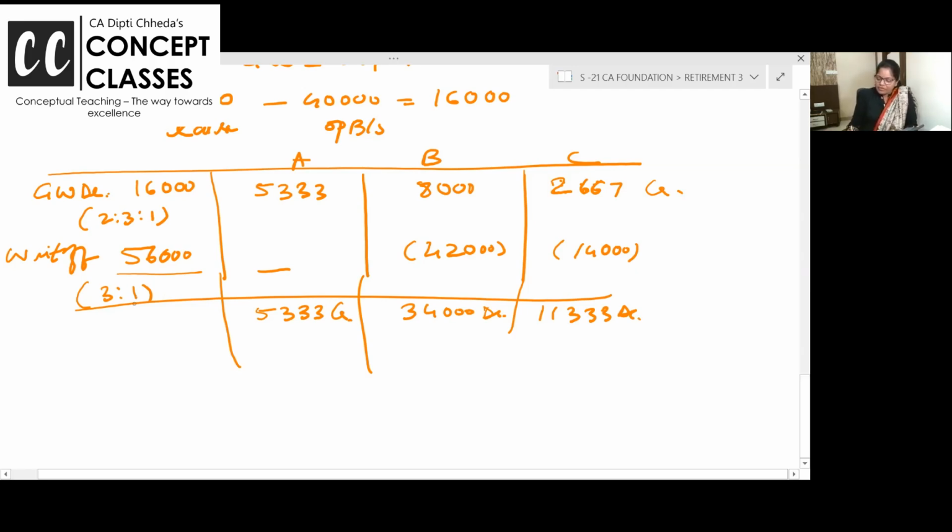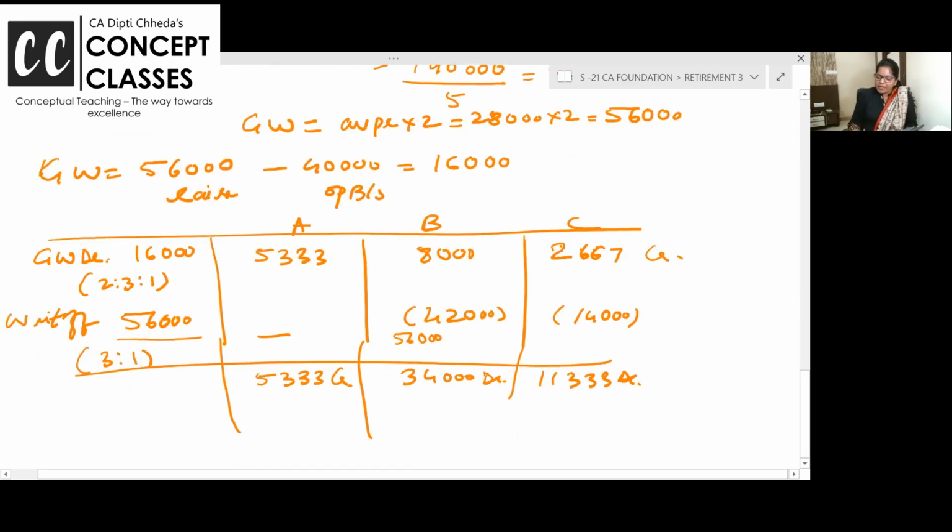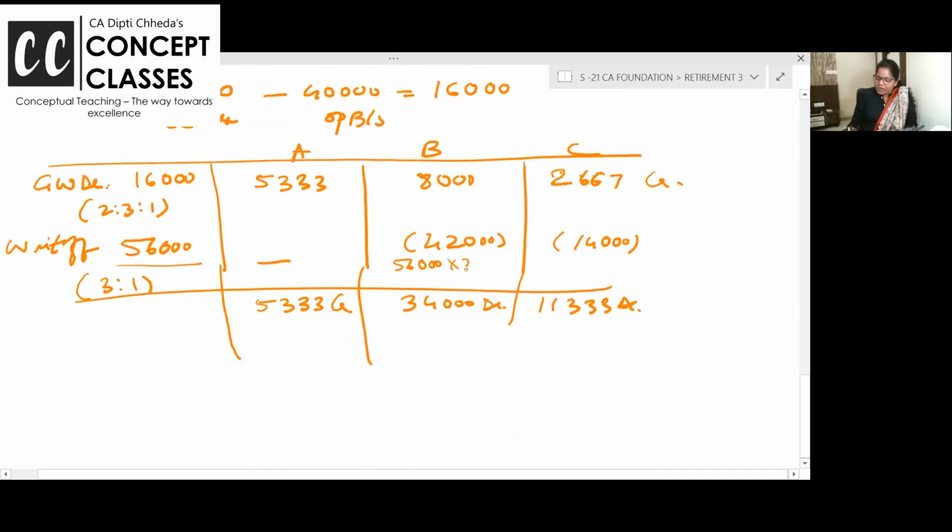56,000 goodwill write off in the ratio, no? 56,000 goodwill has come, correct? Write it off in new ratio 3/4. 56,000 into 1/4. Now did you get 56,000 by 4, 14,000, how it came?